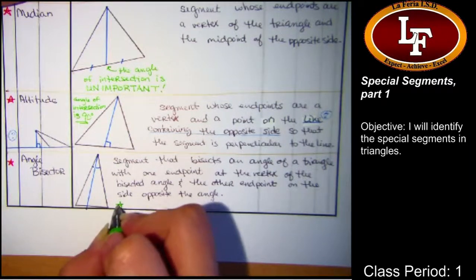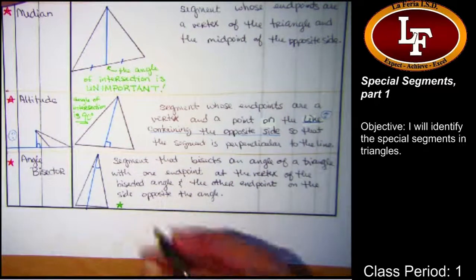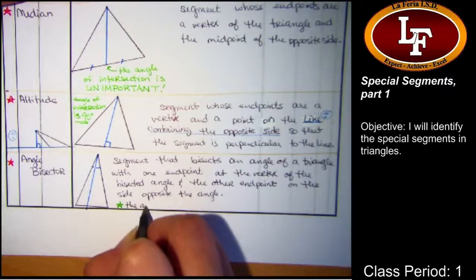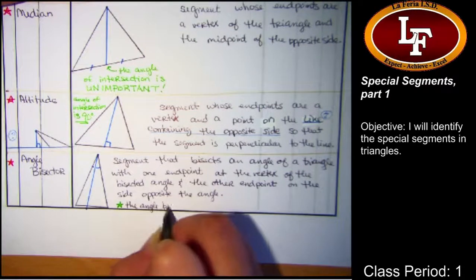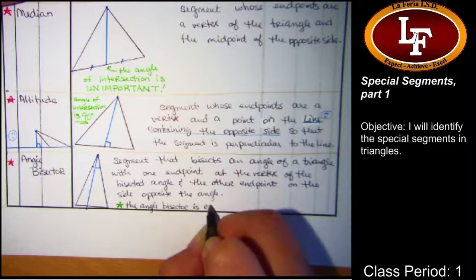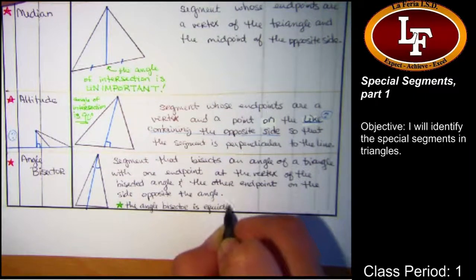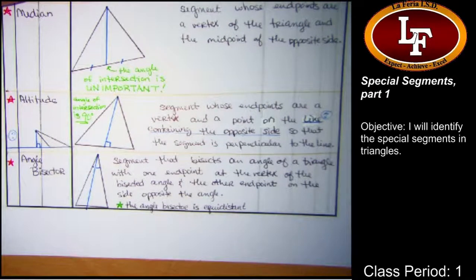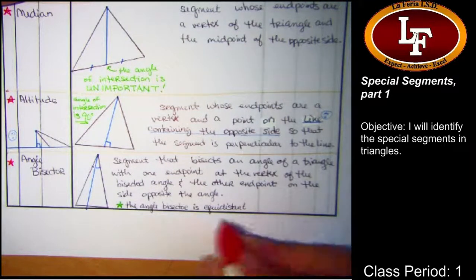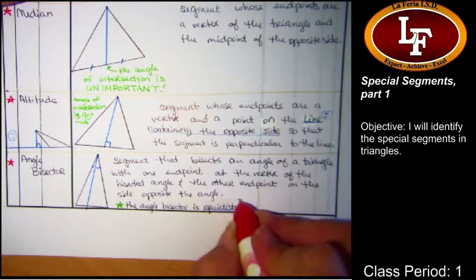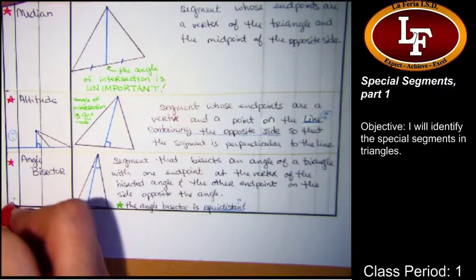I'm going to put the star in green just to make it a little different. The angle bisector is equidistant. Didn't we use that word before? What did that word equidistant mean? It's equal. Equal at the distance. Yeah, equal distance. So if this is a word you don't remember, here's your little question mark, equidistant.